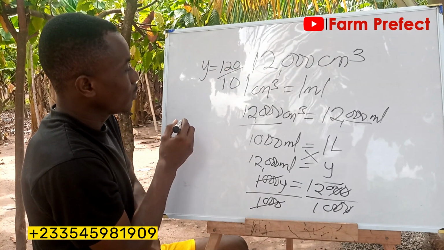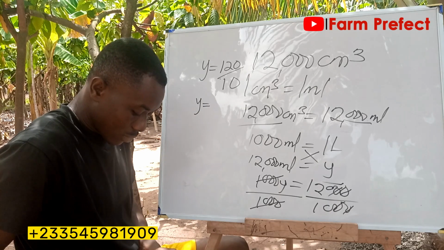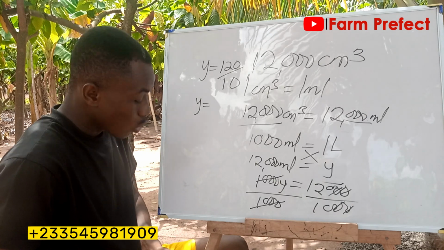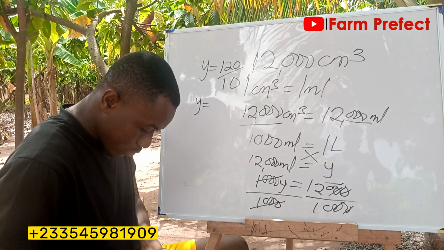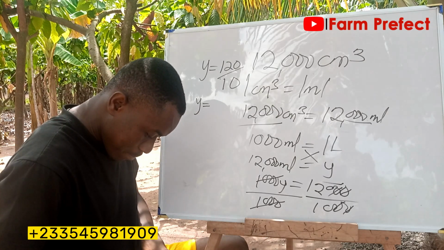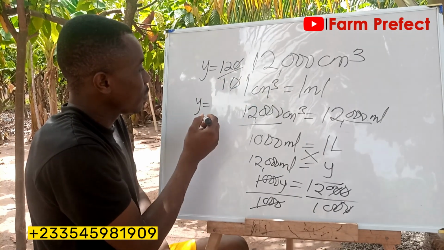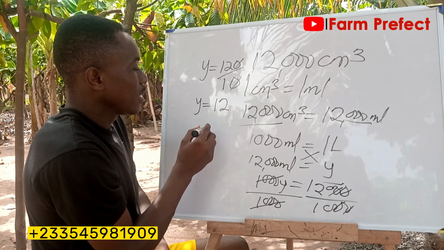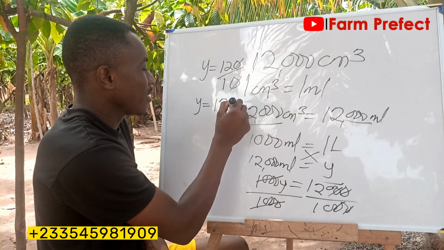When we divide 120 by 10, we'll be getting 12 basically, because that is simple. 120 divided by 10 will be 12. Now remember, this 12 is liters.